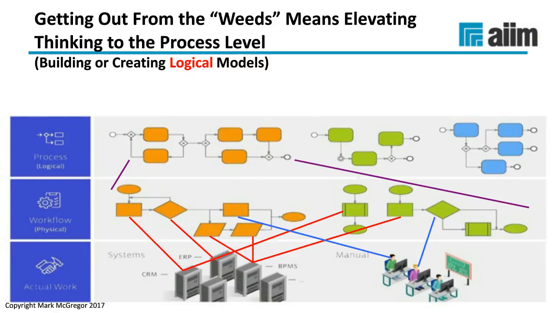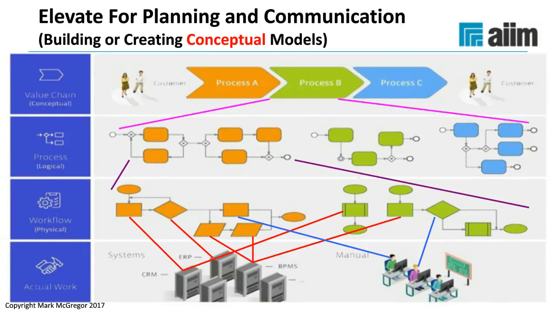And then at the next level, we say, well, you know what, that's still not high enough to decide if I want to transform, because if I want to do that transformation, I need to step up to a conceptual level. Now, here I use the example of a value chain.